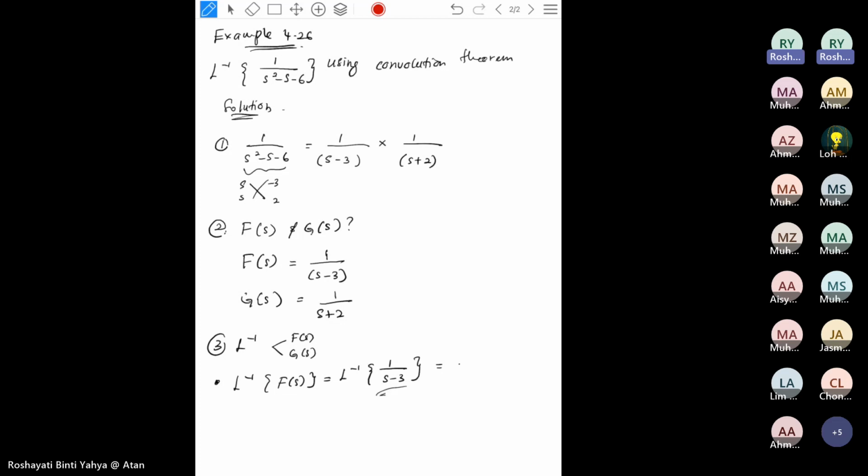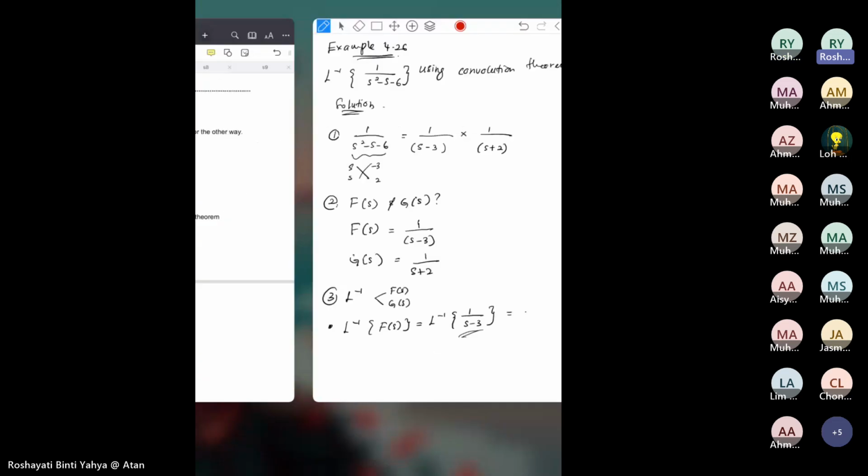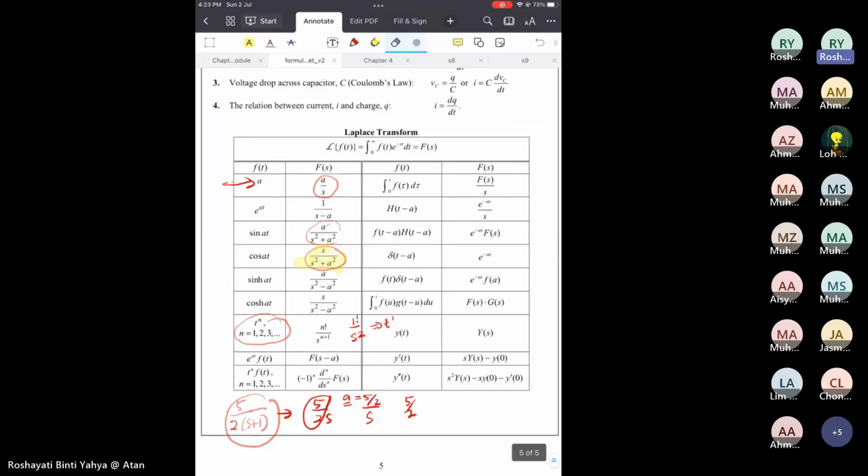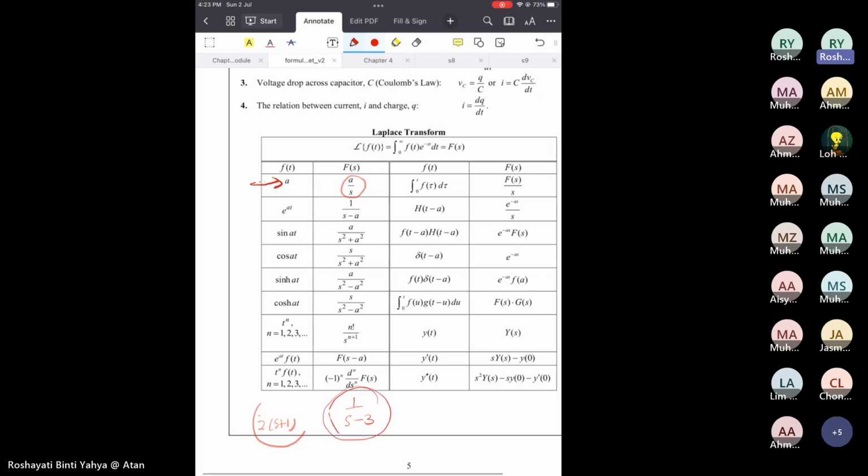For this part, refer to the table. We have 1 over s minus 3, so we refer to 1 over s minus a. So we'll get exponential at.